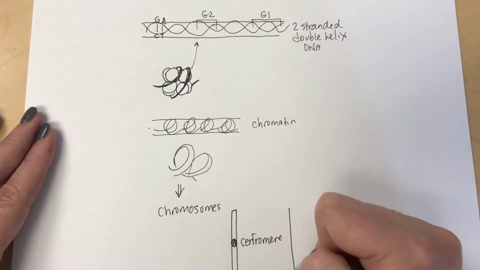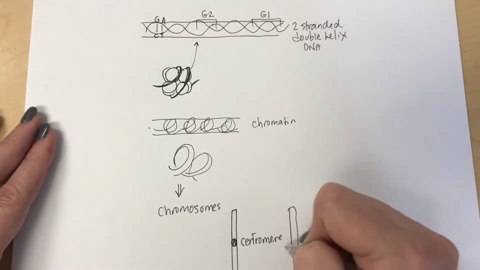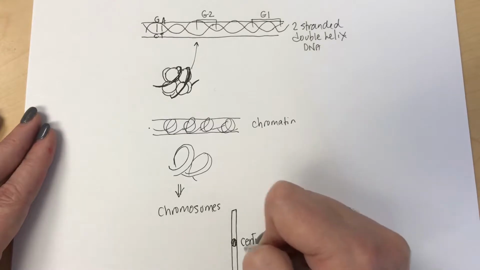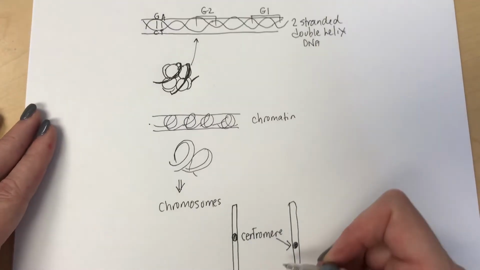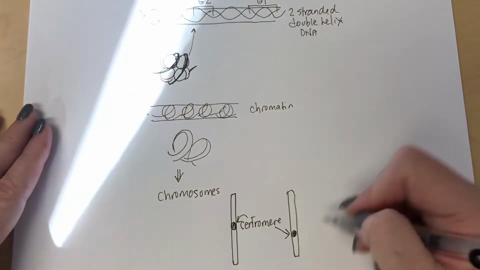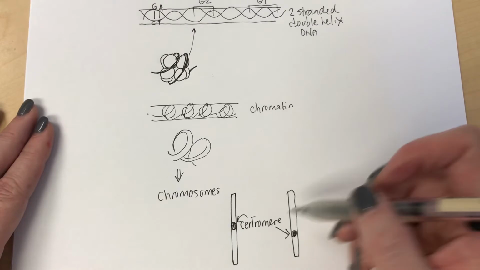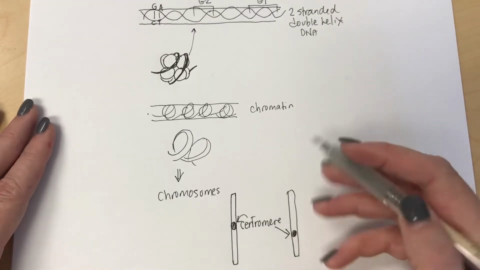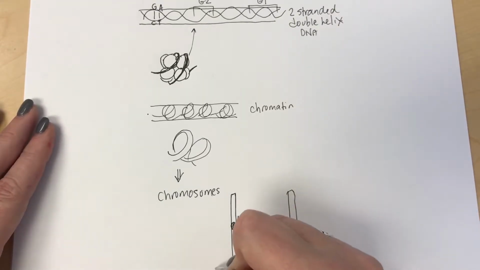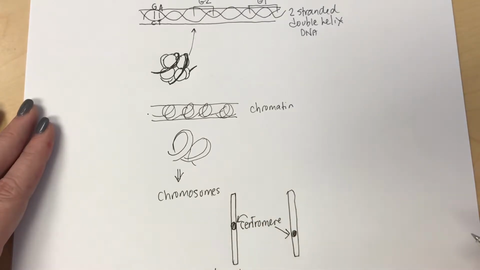And that centromere can be in different places for different chromosomes, right? Those are still centromeres. And that is going to help us sort of separate our chromosomes later. So when I draw a chromosome like this, this is what I mean as one copy of a chromosome.